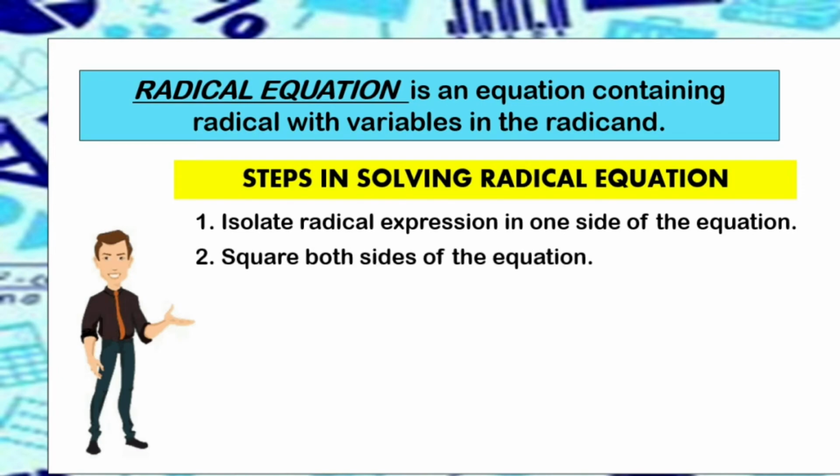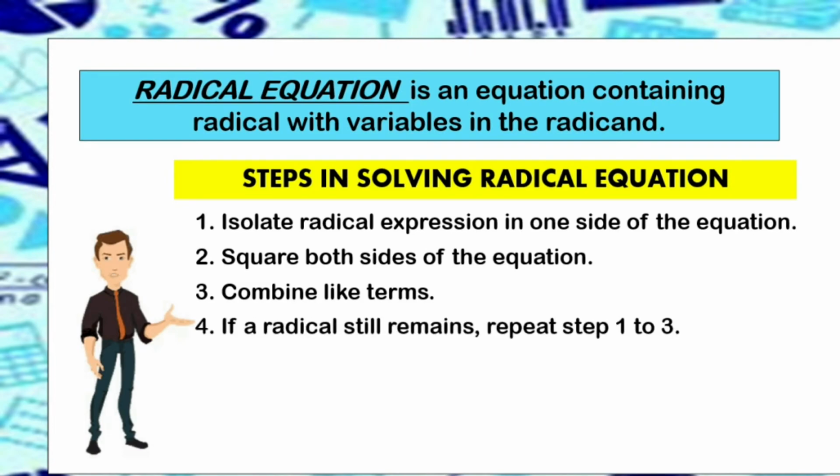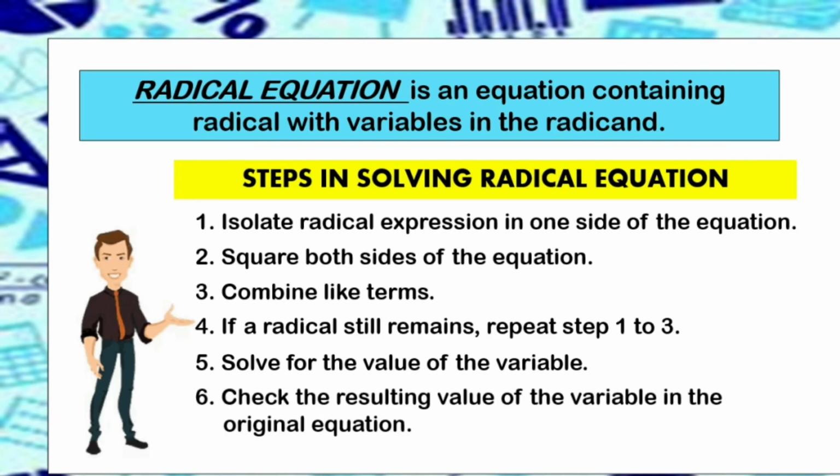Then, square both sides of the equation. Next, we combine like terms. Then, if a radical still remains, repeat steps 1 to 3. After that, we solve for the variable. And last but not the least, check the resulting value of the variable in the original equation.